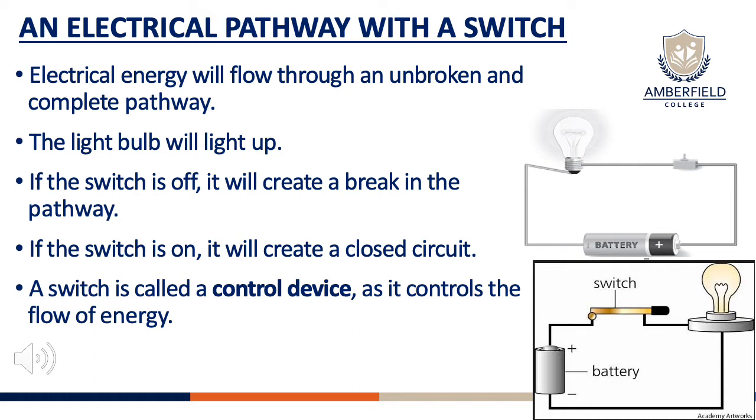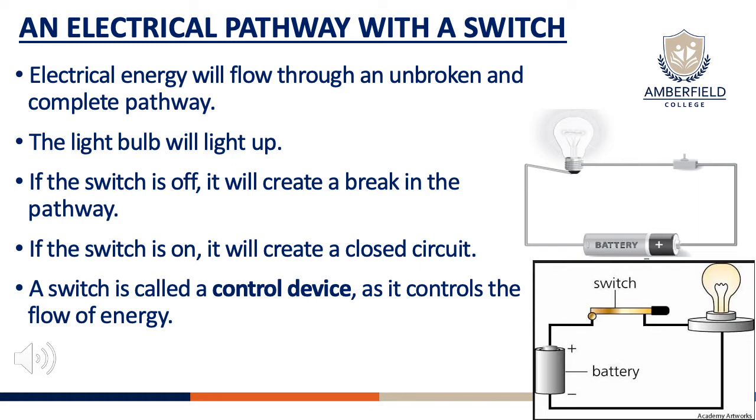So we need our pathway of electricity to be complete with no broken components. So it needs to be connected correctly. Then the light bulb will light up if we have a complete and perfect circuit with a complete pathway for electrical energy to flow through.